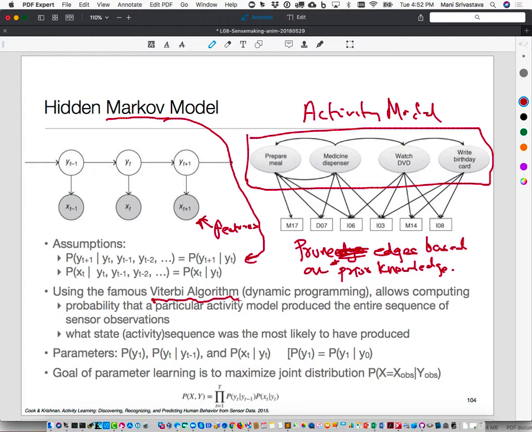But this is a natural fit for a lot of sensory applications, if you think about it, because there is this sequence nature, activities to activities. It captures very well the constraints that exist in our life. So it helps smooth wildly weird labels. If you are simply doing a window at a time, you might face predictions which clearly don't make sense because you're not making use of the previous window.